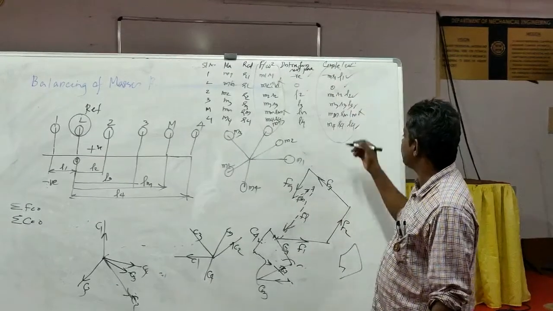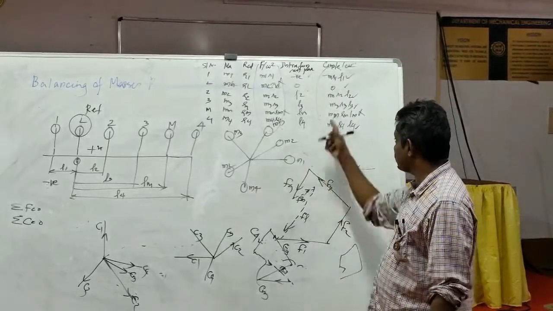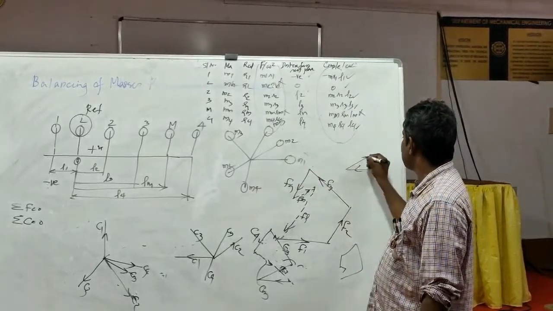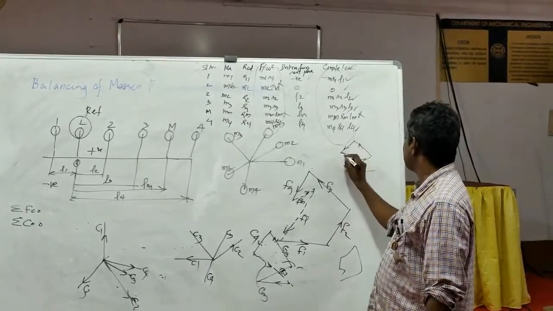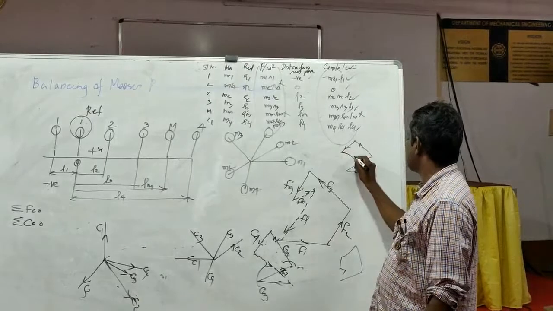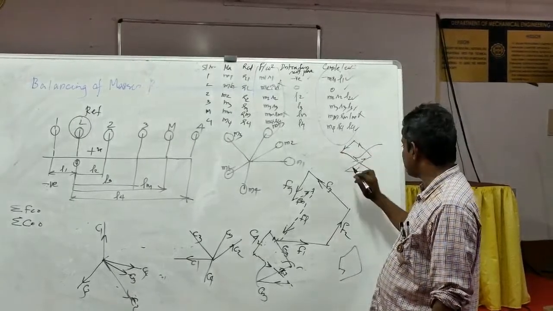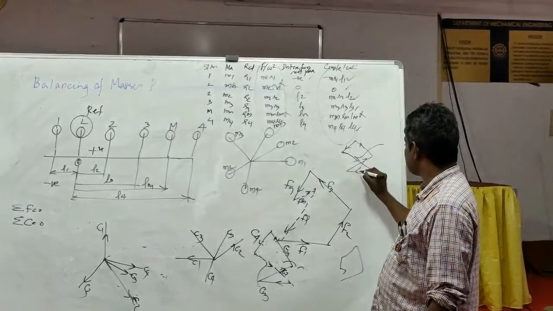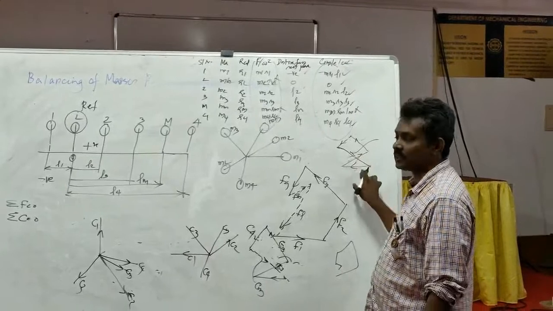We can easily start drawing it. Say C1 in this direction because of the minus sign, the other one in this direction, and finally the closing vector should come like this. This will be the unknown value, and it will give the magnitude and direction of the vector.